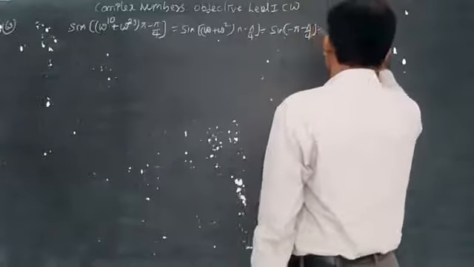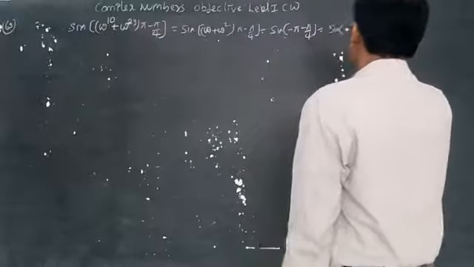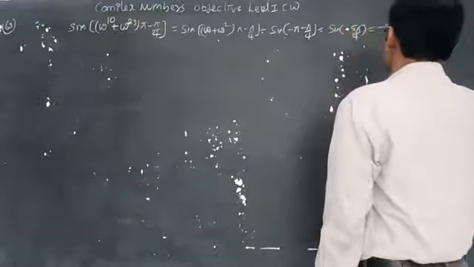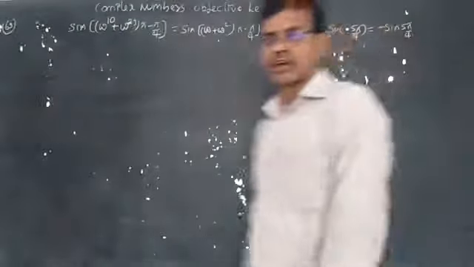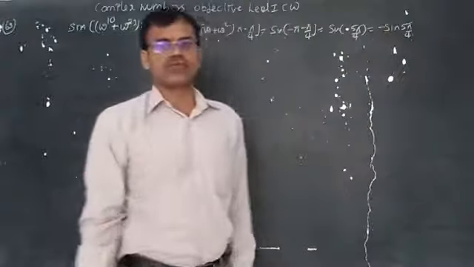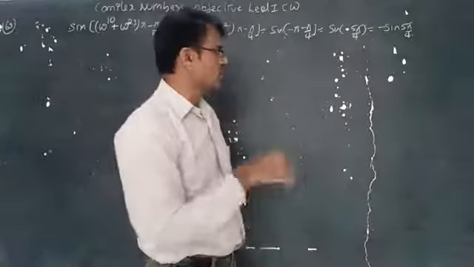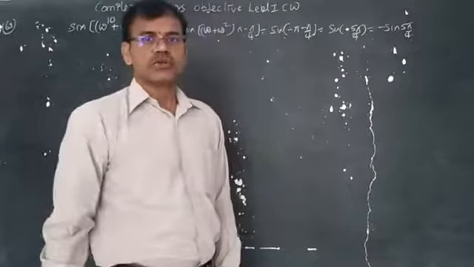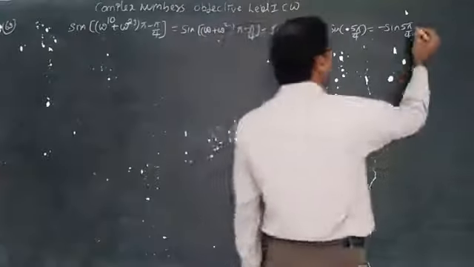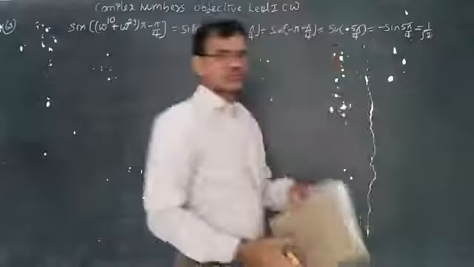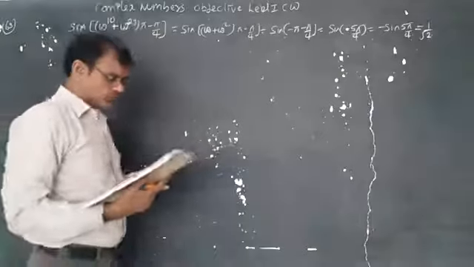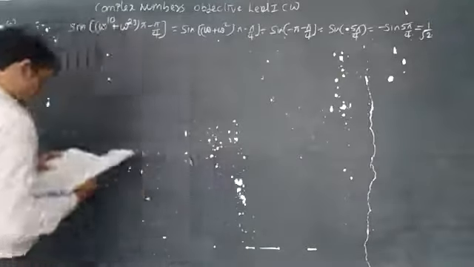Sin of minus theta is minus sin theta, so it is minus sin 5 pi by 4, which is sin 225 degrees, sin(180 plus 45), equal to minus sin 45. Minus of minus becomes plus, so the value is 1 by root 2. First option.